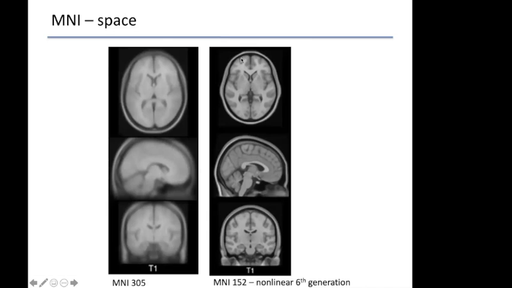You see more definition in the sulcal patterns on the cortical surface, within the insula, and the cerebrospinal fluid. That's very close to the common space we're using today. But there are surface-based representations of this as well, for people doing, for example, cortical thickness analyses, that are also commonly used.